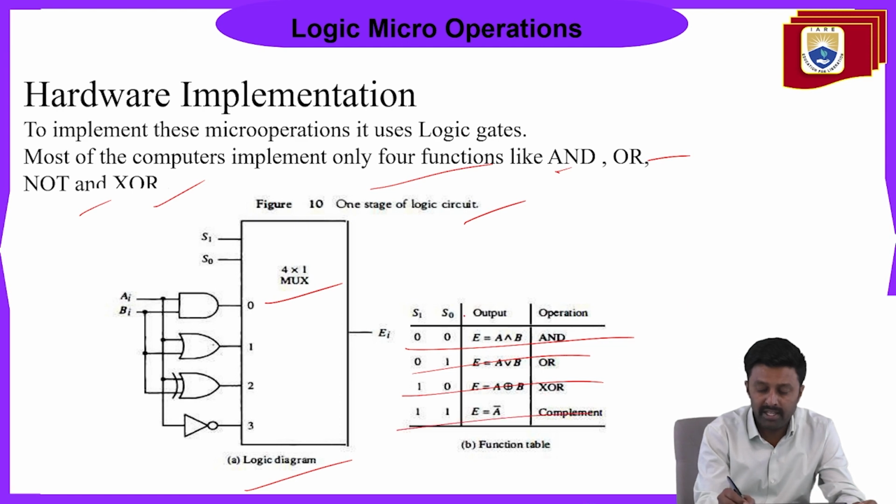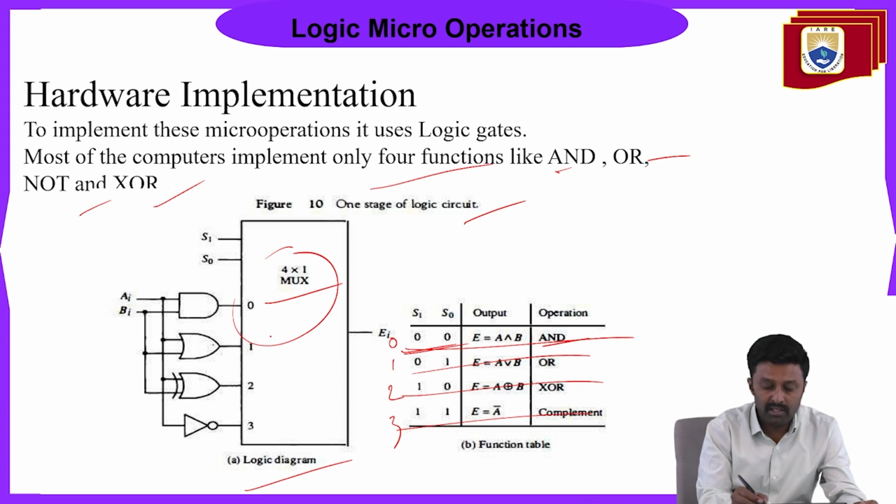For the select lines S0 and S1, for each of 0, 1, 2, 3, if S0 and S1 both are 0, 0, then this circuit will perform the AND operation.